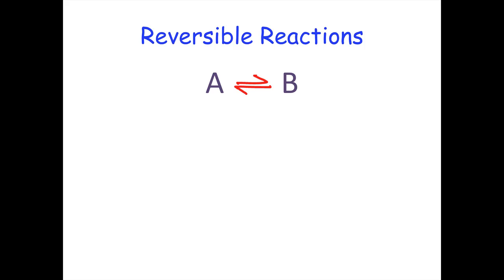In this example here, A is converted to B, and likewise B will be converted to A. In a reversible reaction, it will eventually achieve equilibrium, and that's something we're going to be discussing at length today. Now look at the arrows here. These arrows show that this is a reversible reaction.